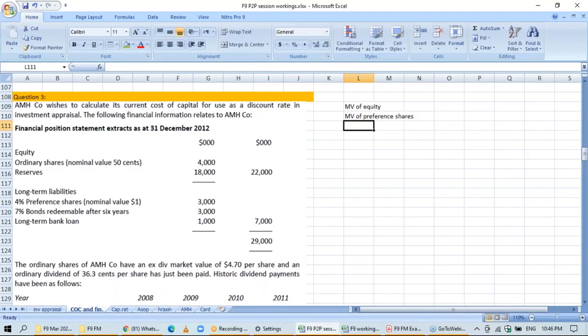We need to know the market value of 7% bonds. Bonds are basically loan notes, instruments through which we generate loans. And we need to know the market value of the term bank loan. Usually term bank loans do not have a market value. Their face value will be the market value, because they cannot be sold in the market.